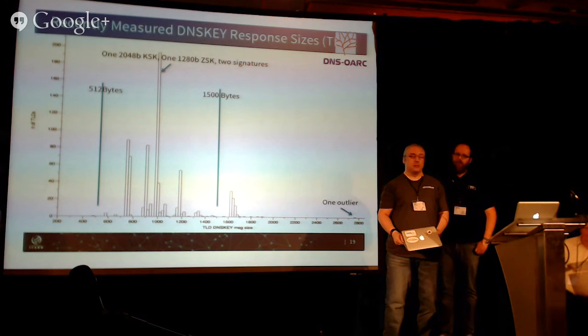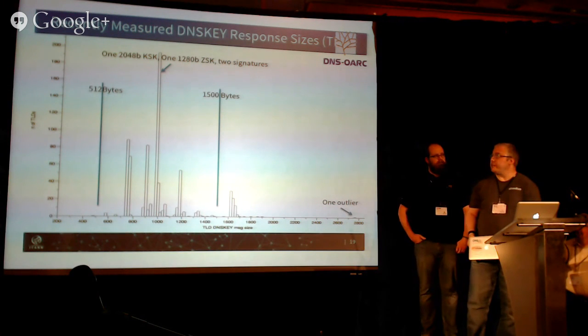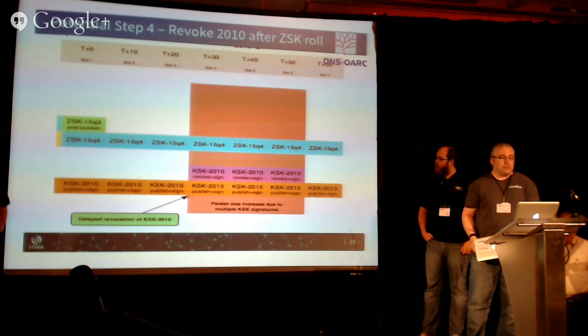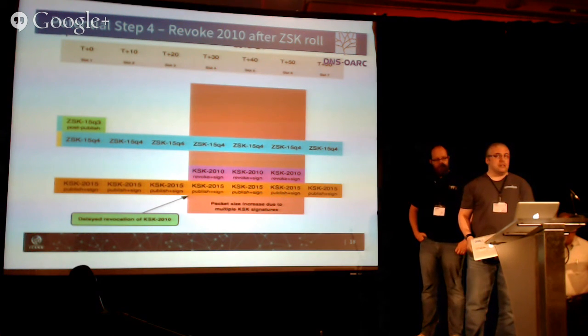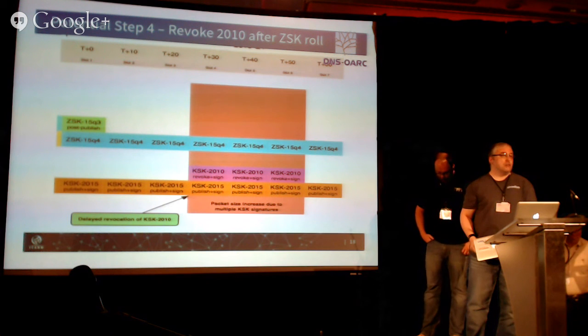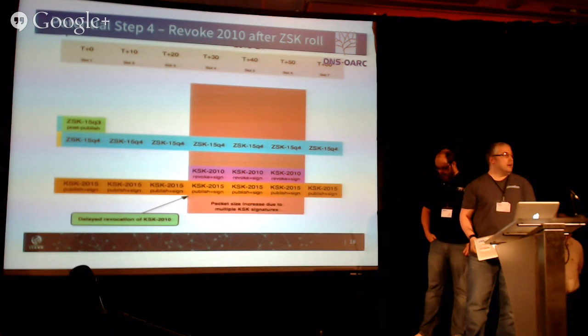Okay, I have a question. In the team, I've been a bit more involved in the 5011 stuff on the previous slide. I guess most people in this room know what 5011 is, and the big problem with 5011 is there's no signaling. So a validating resolver can't ask an authority server, are you running in 5011 mode with your keys?